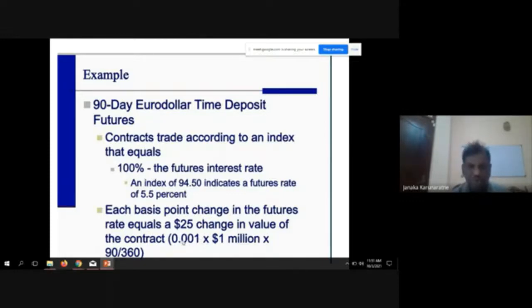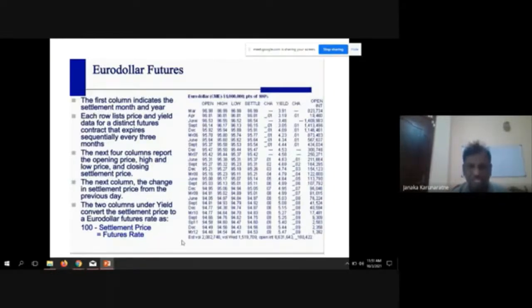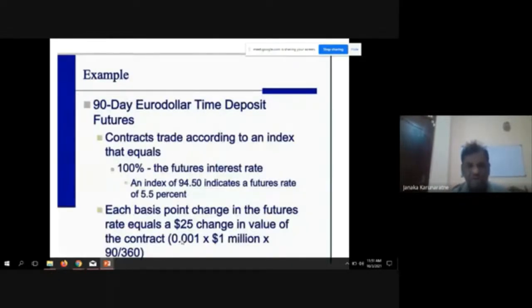So you should get one more zero here. Yeah, one more zero. So it's $25 change. So likewise, when you see the futures rate change by 10 basis points, your value would change by $250 per one contract, right?